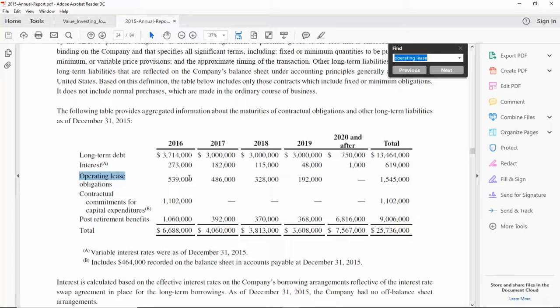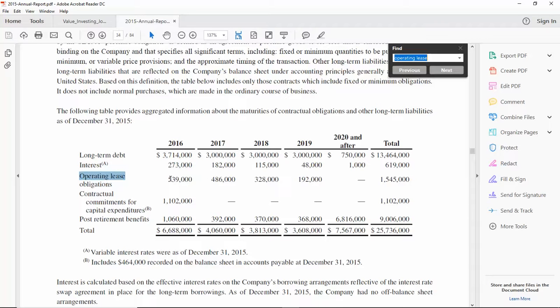So you want to use the most recent number, not the total number, not this number, not even this number. You want to use the most recent number because typically this is the most accurate number. These numbers fluctuate over time. Obviously, the longer you go, the less you know about what you're going to need in terms of things like operating leases into the future.